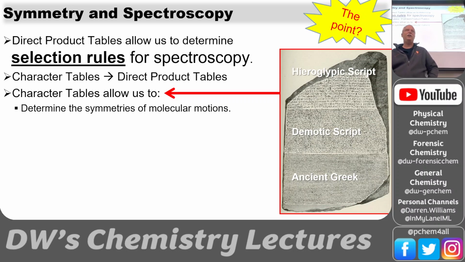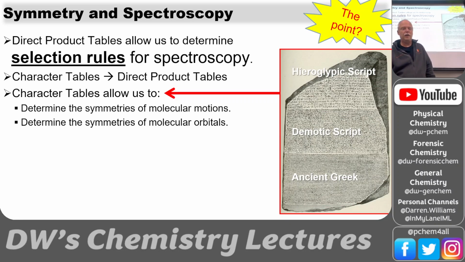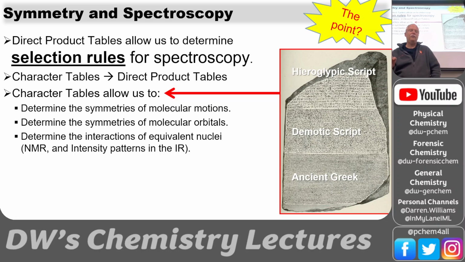The symmetries of the vibrational motions, like this asymmetric stretch in water, okay? It also has the symmetries of the molecular orbitals, like the pi and the pi star transitions. It also can determine, which we won't do in this class, but you guys have studied NMR to some degree, it also would help us identify identical nuclei in the NMR.